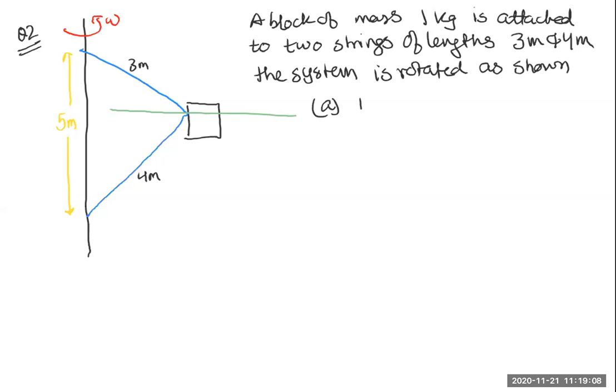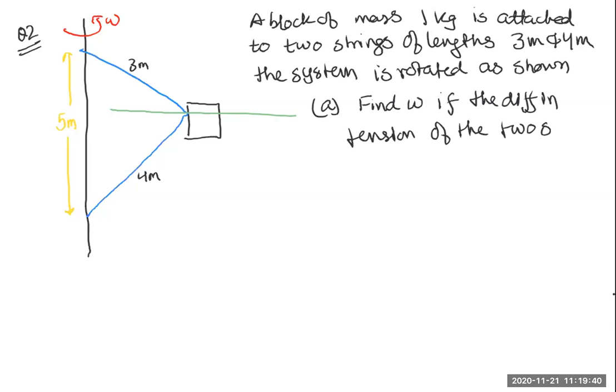A. Find omega if the difference in tension of the two strings is 100.